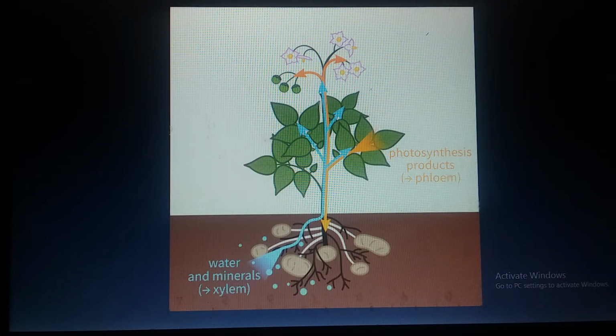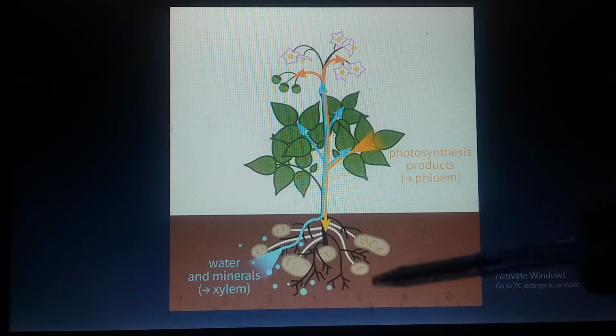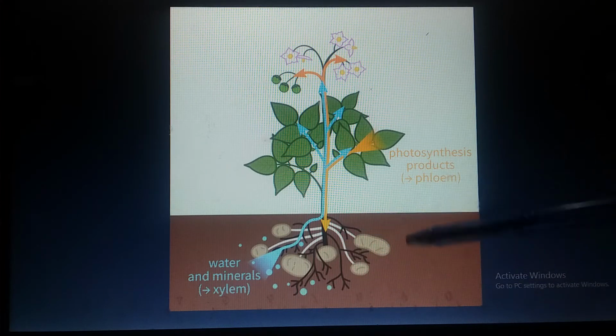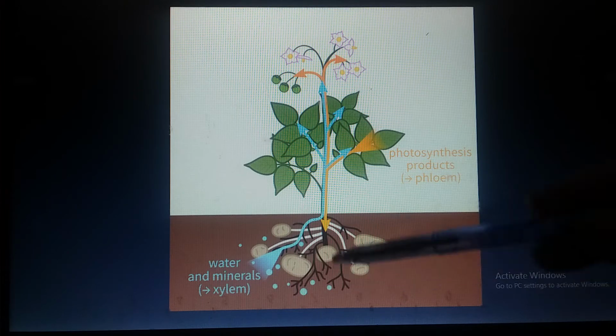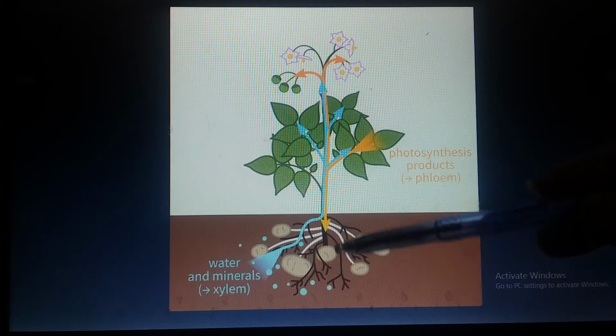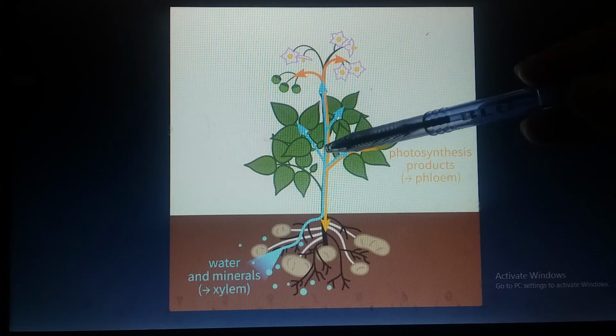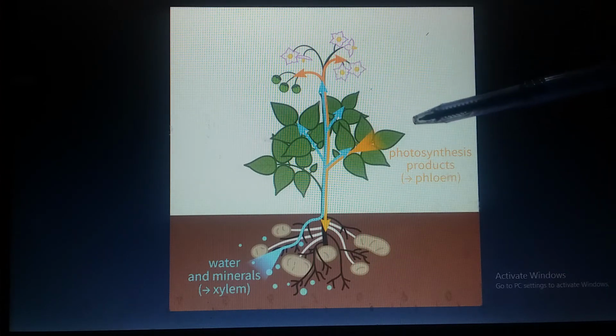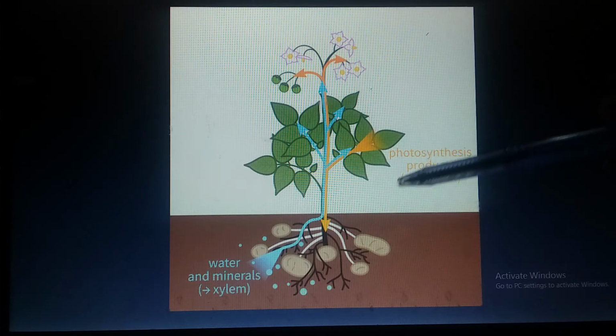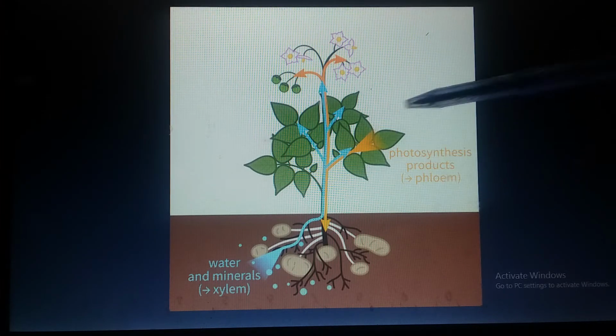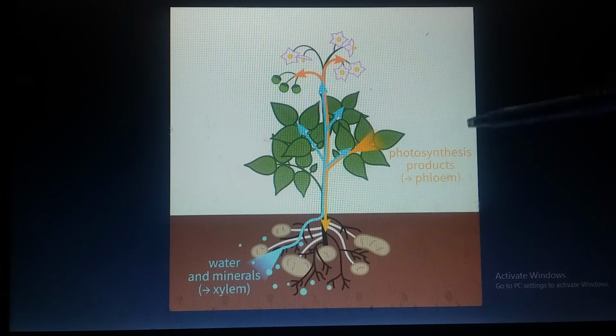You can see here the plant body, and this plant shows the transport of water and food. As we all know, the roots in the soil, with root hairs, absorb the water and minerals from the soil, and this water along with the minerals moves towards the stem, leaves, and all the branches of the plant through the xylem vessel, which I will explain in this lecture.